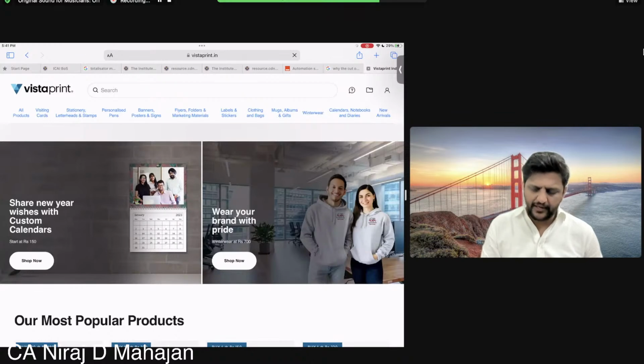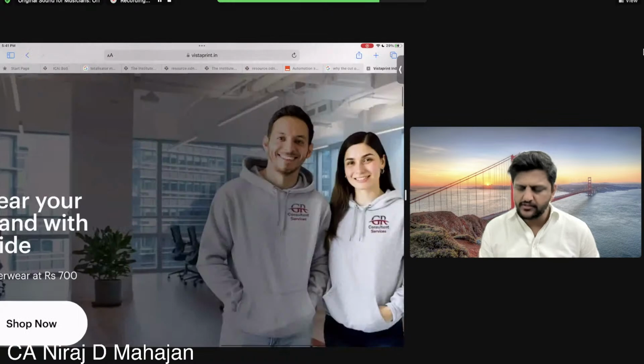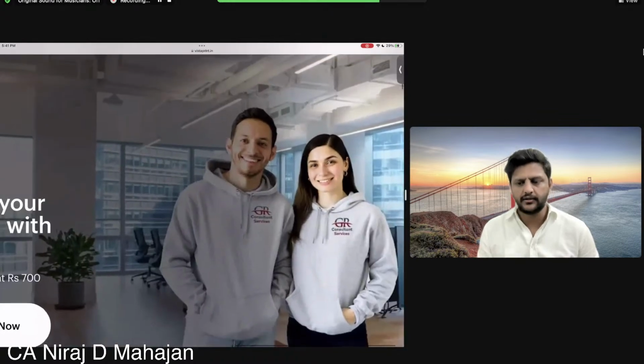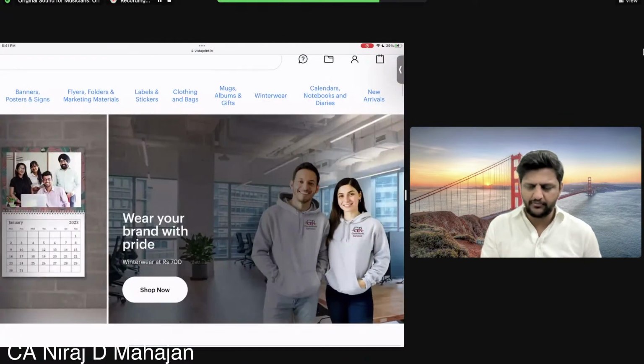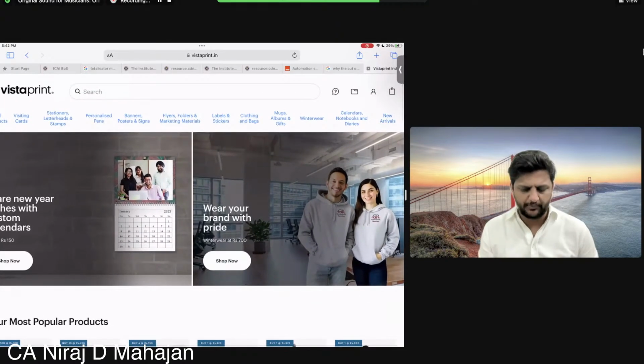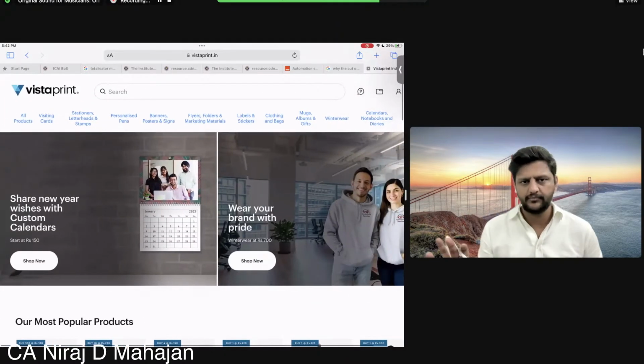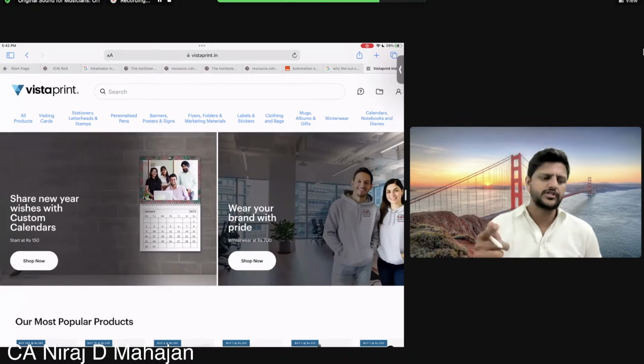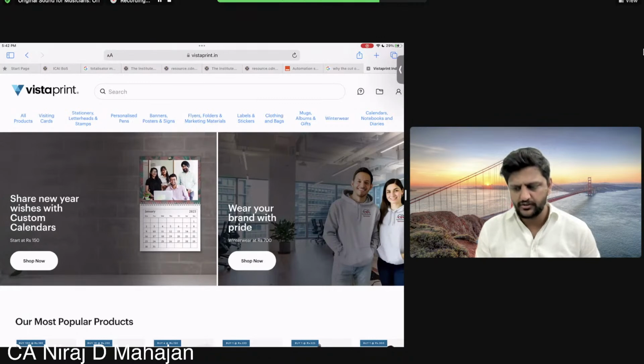You can get a customized calendar with your photos. You can get customized hoodies. In this example, you don't provide them with hoodies or calendars or papers. You just order them, customized. This is about the supply of printing service or supply of goods.